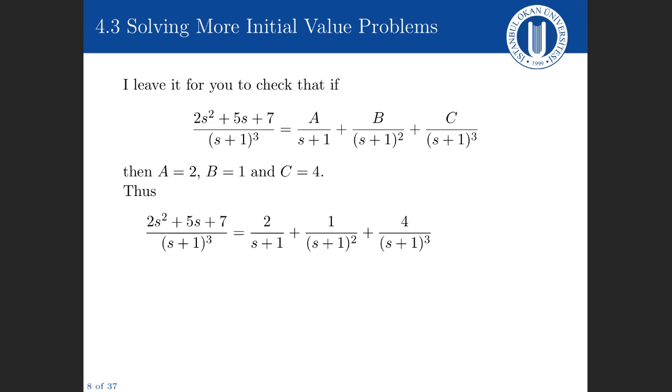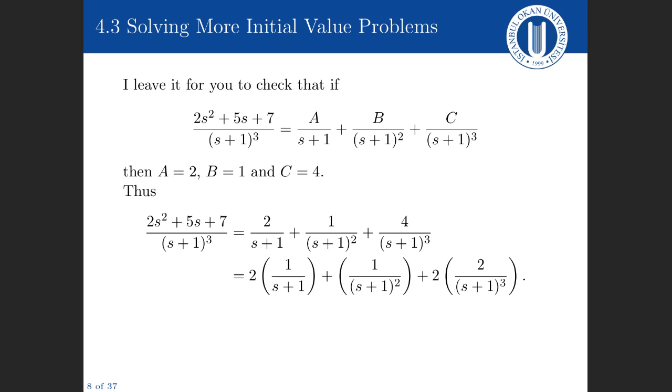So our function is 2 over s plus 1 plus 1 over s plus 1 squared plus 4 over s plus 1 cubed. We want to find the inverse Laplace transform of this function. And I choose to break it up like this. 2 multiplied by 1 over s plus 1, because 1 over s plus 1 is on the table of Laplace transforms. 1 over s plus 1 squared should also be there.